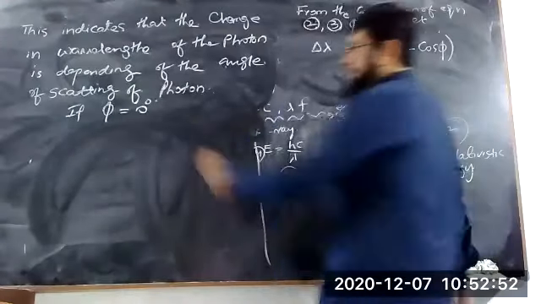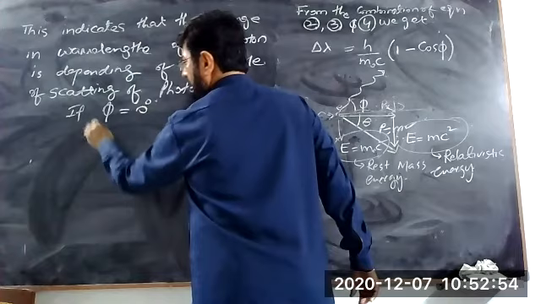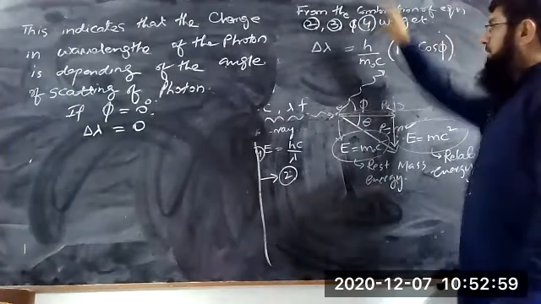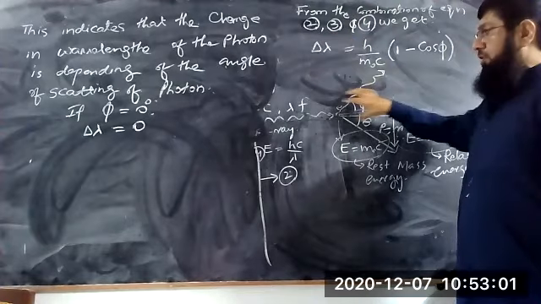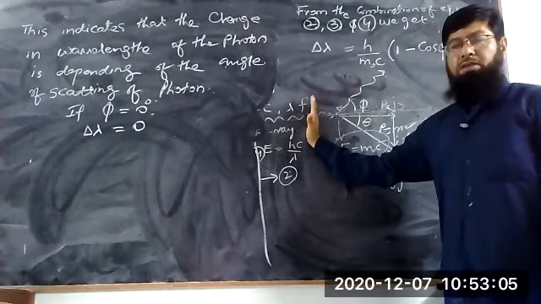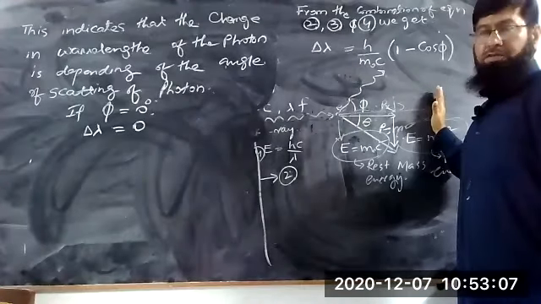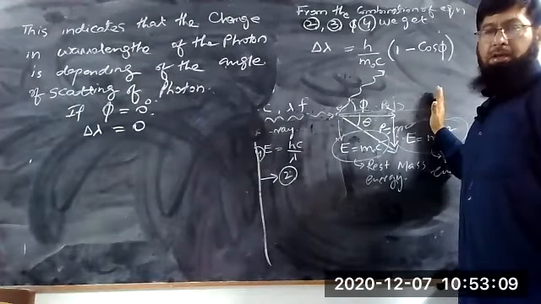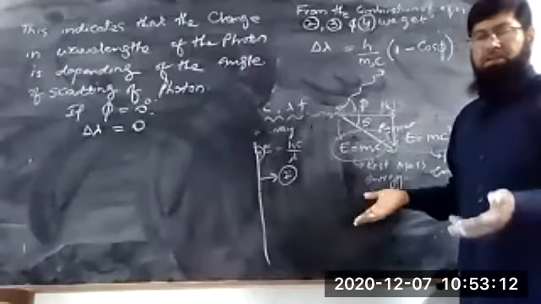So phi 0 gives delta lambda equal to 0. What does it mean? It means the energy transformation is 0, so the change in wavelength is 0, because the energy of the incoming photon is the same as the energy of the outgoing photon. So there is no scattering.